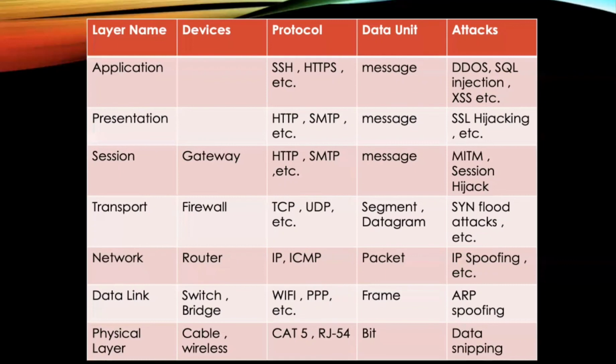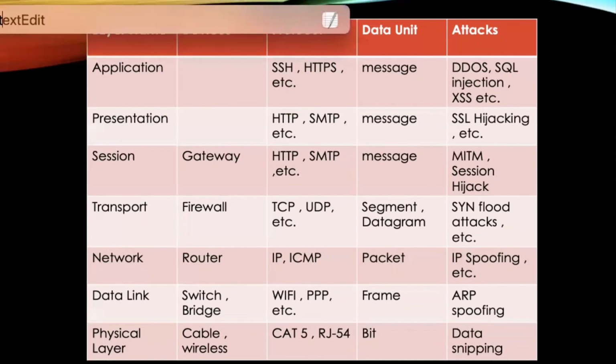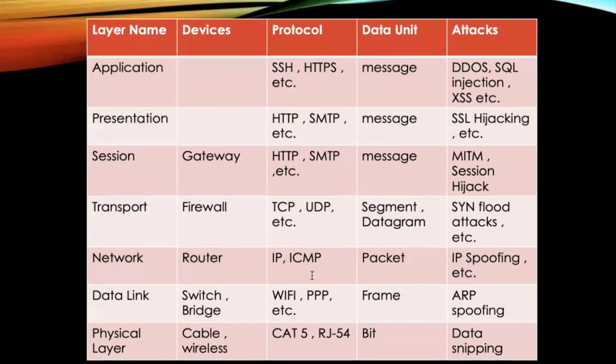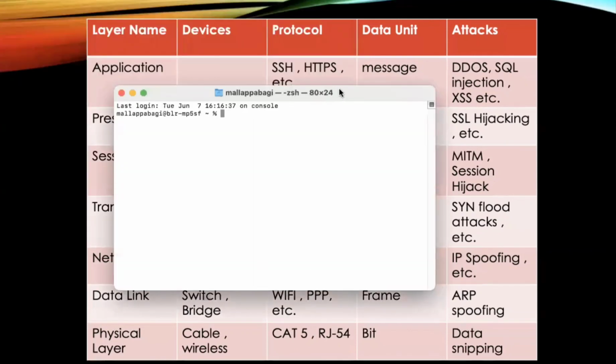I told you about network address and MAC address, that is, IP address and MAC address. I'll paste the description for finding the MAC address on Linux and Windows machines. I'll quickly show how we can do this on the Mac machine.